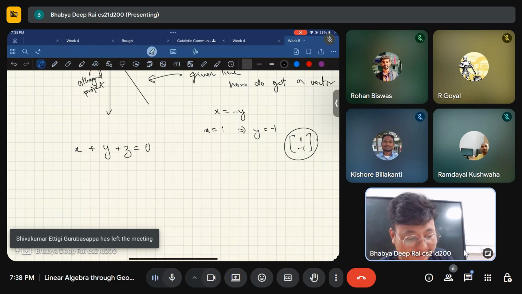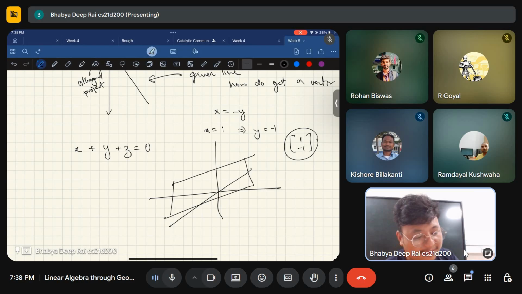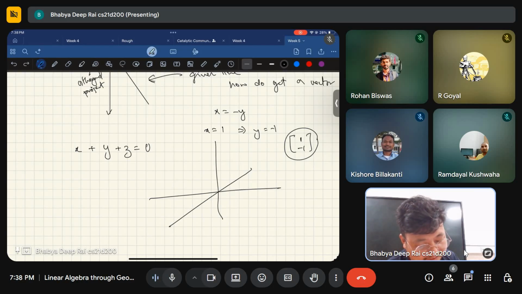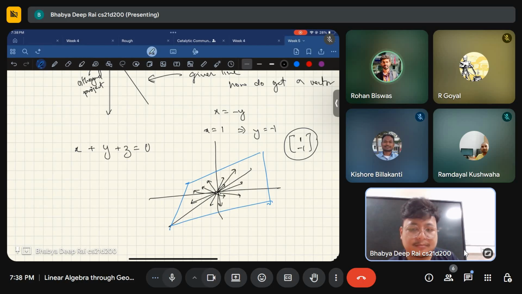Visually, if this is your plane, you want vectors of this form, which lie exactly on the plane, to represent the plane in terms of vectors.